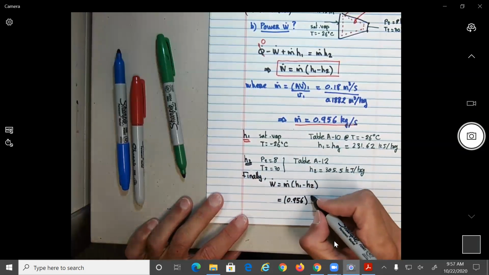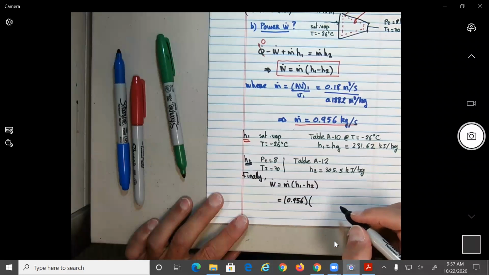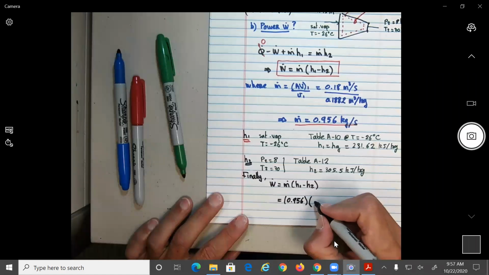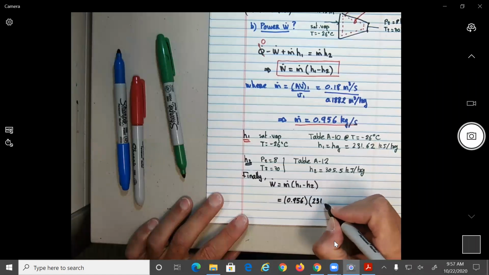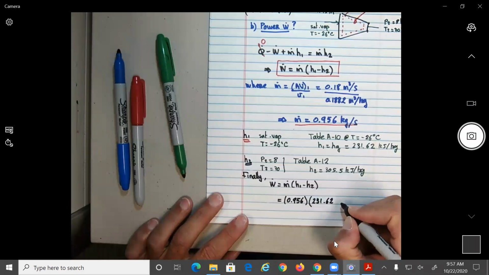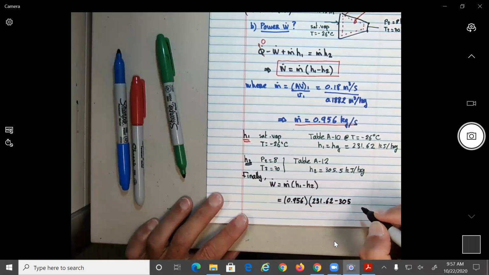So H1 we find out to be equal to 231.62 minus 305.5. And this is kilojoules.